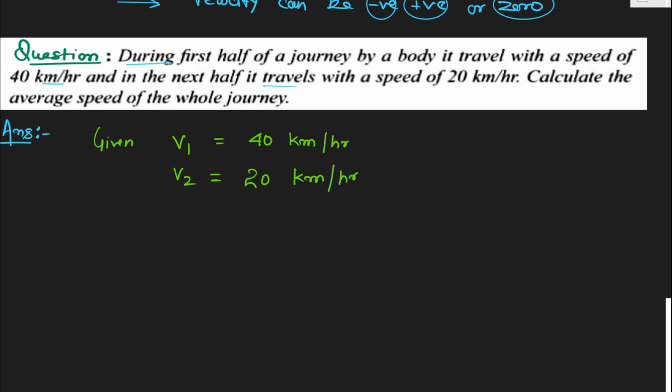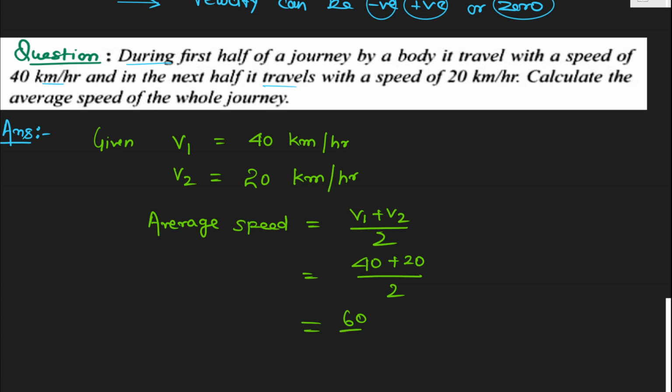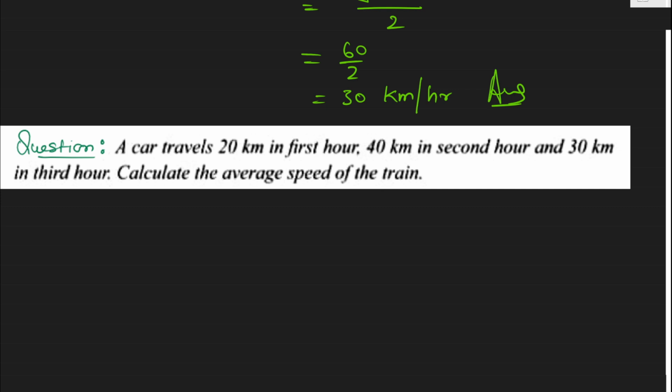Average speed equals (v1 plus v2) divided by 2. So it is (40 plus 20) divided by 2, that is 60 upon 2, which is 30 kilometer per hour. This will be the answer.